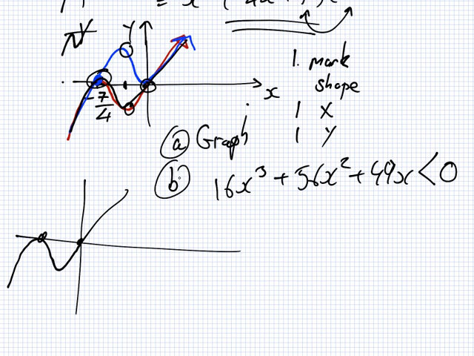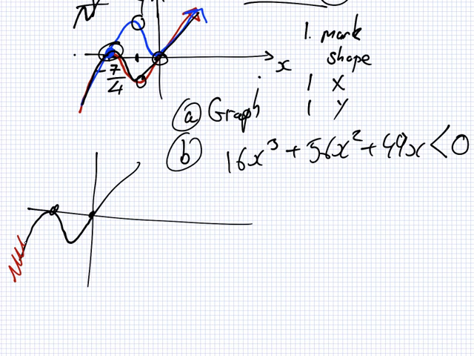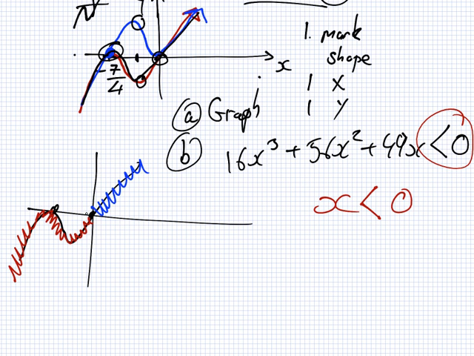Once you have the graph, the answer is not too hard to see. When is this graph below 0? Here is below 0, and then here is when it's above 0. So if I said, when is this below 0? What would you say the answer is for x? When x is smaller than 0. In other words, everything to the left here.